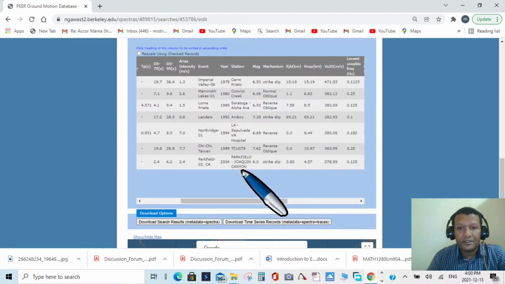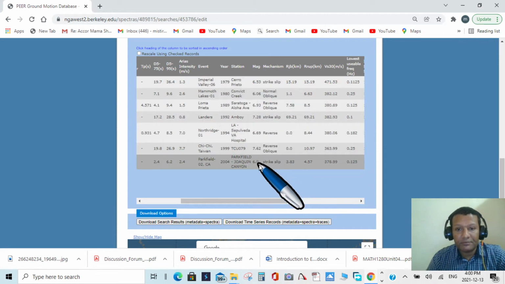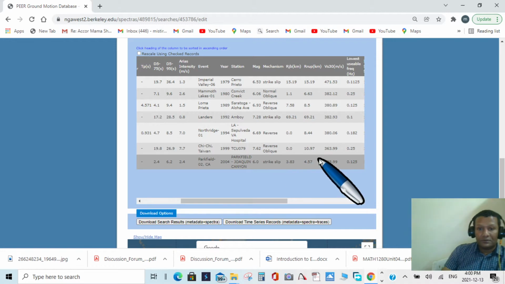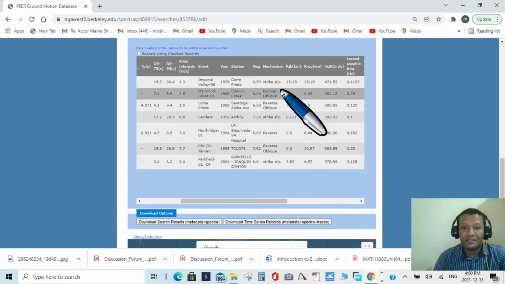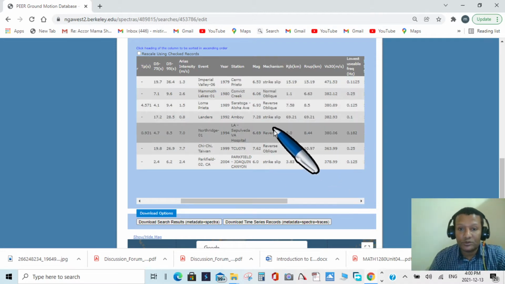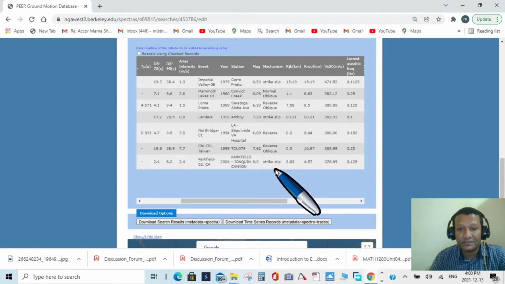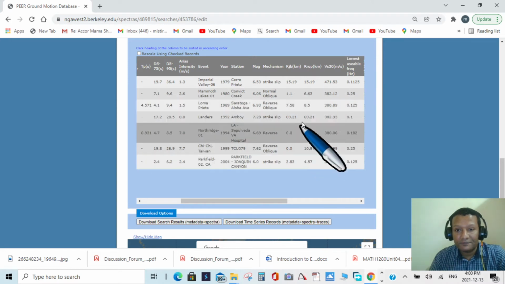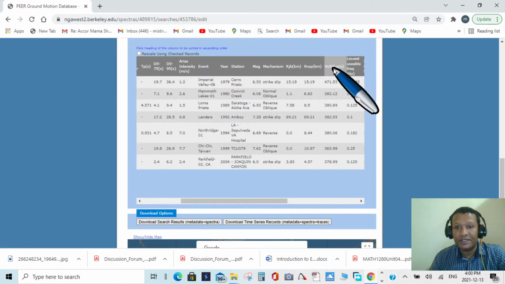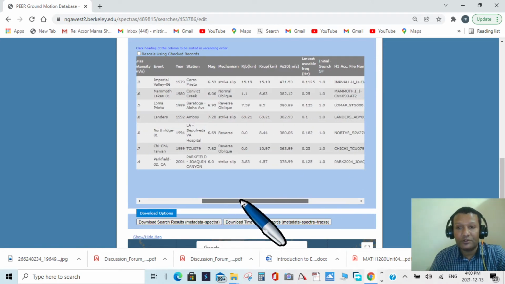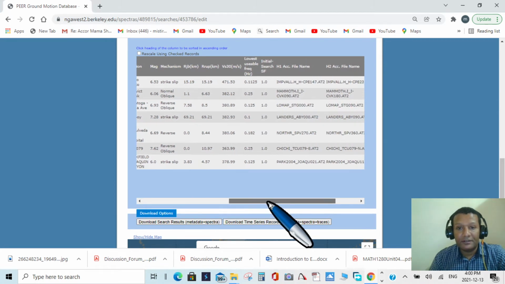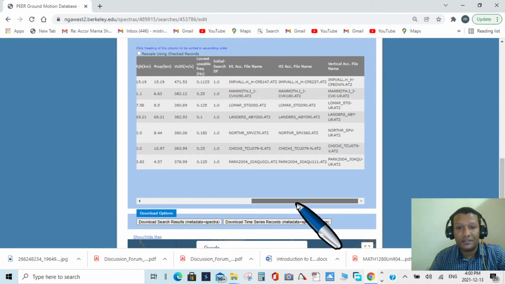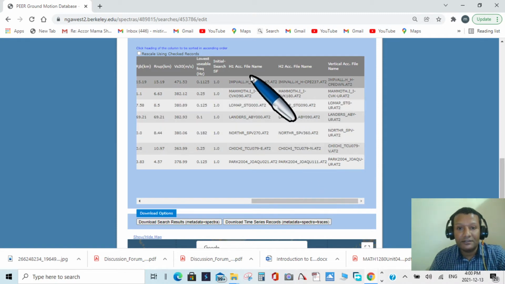All are written here. Magnitude also, as you can see, the maximum is 7.62. And this is the mechanism: strike slip, normal oblique, reverse oblique, reverse strike slip. RJB, R rupture, as you can see. This is VS30 shear wave velocity, and you can find a lot. Then here, as you can see, horizontal, and this is the data.